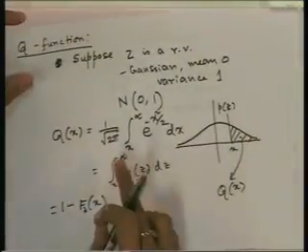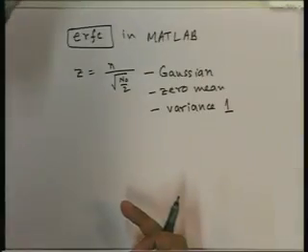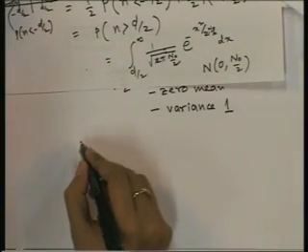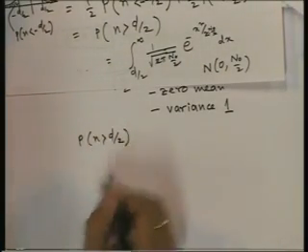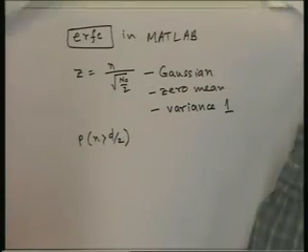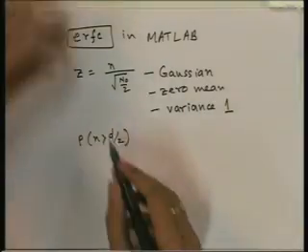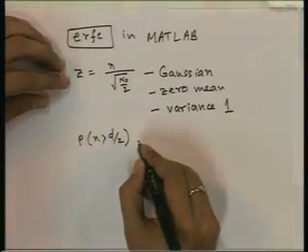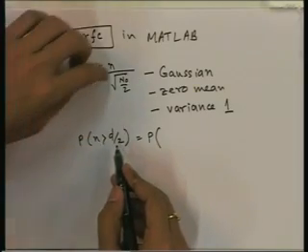Remember, the Q function was defined with respect to the density of such a random variable. So, now the probability we want to find is probability n greater than d by 2. n is greater than d by 2 if and only if z is greater than d by 2 divided by root over N0 by 2.